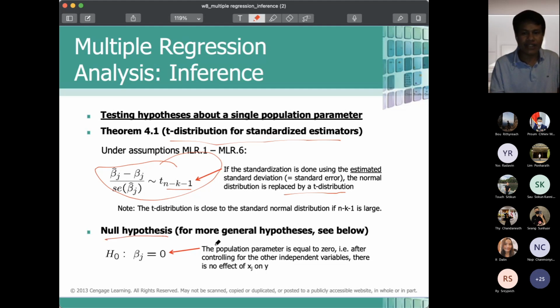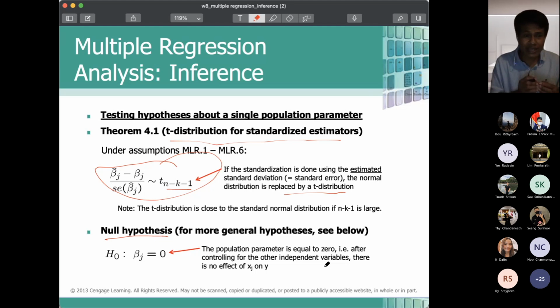The null hypothesis for a general hypothesis, see below here. H0 is the null hypothesis: delta j equals 0. What do we mean by delta j equals 0? The population parameter is equal to 0 after controlling for other independent variables. What we discussed so far, you know how to calculate the coefficient, right?